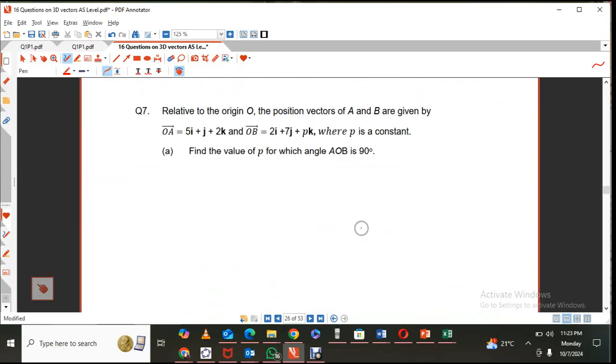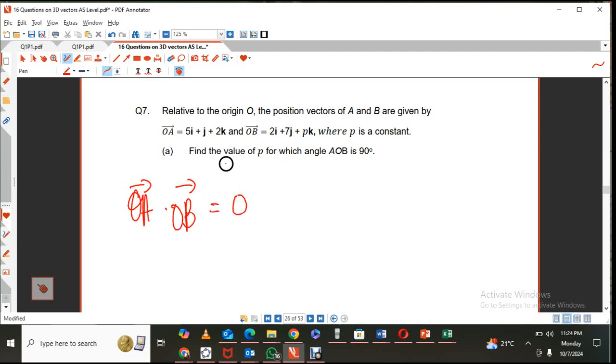Question 7. Relative to the origin, the position vectors of A and B are given. And they are saying find the value of P for which angle AOB is equal to 90 degrees. Again, you know that for that to be 90 degrees, you have to say OA dotted with OB should give you 0.